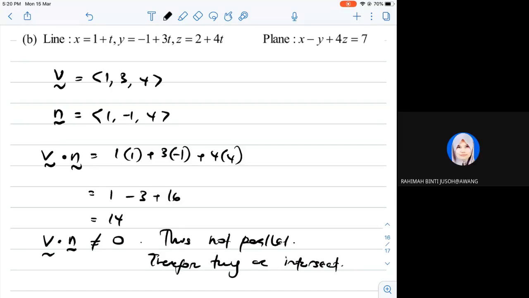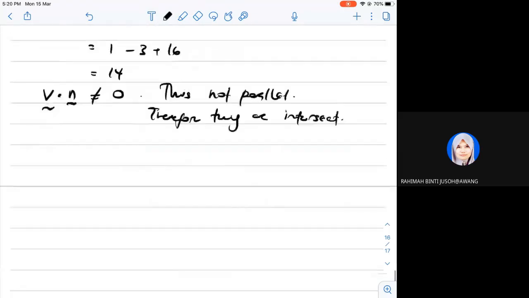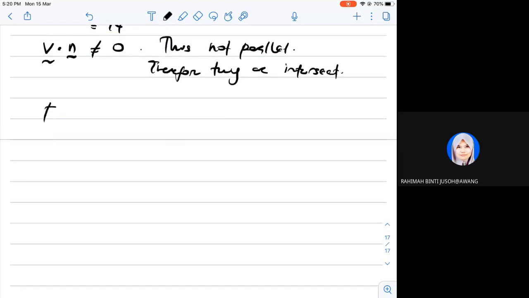Tak apa, salah pun tak apa, saya terima. Substitute the equation of line to the plane. Yes, very good. We need to substitute equation of line into the plane.